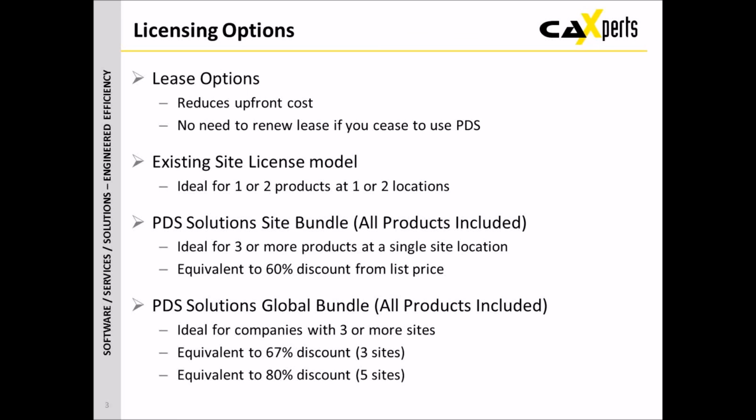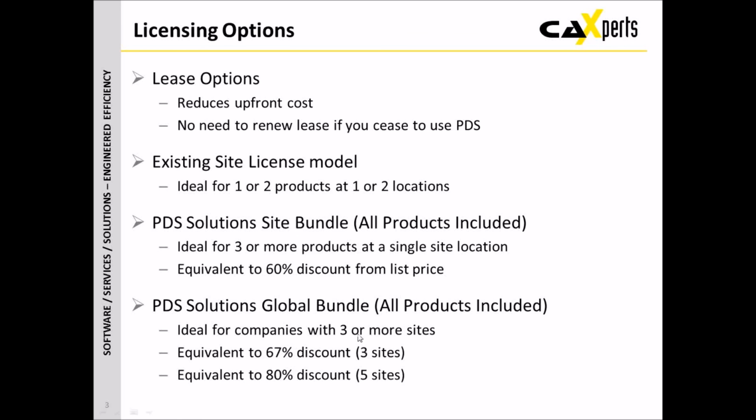Now, if we extend that further, we came up with a global PDS solutions bundle, which is really ideal for companies that have or are operating 3 or more sites. And you then have, for a fixed annual fee, the ability to have unlimited users at unlimited sites anywhere in the world.